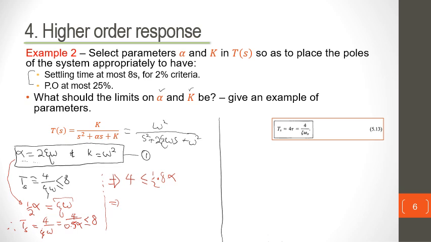Let me make it simpler: 4 is less than 4 alpha, which implies that alpha has to be at least equal to 1. So this is the first condition that we get for the parameter alpha.